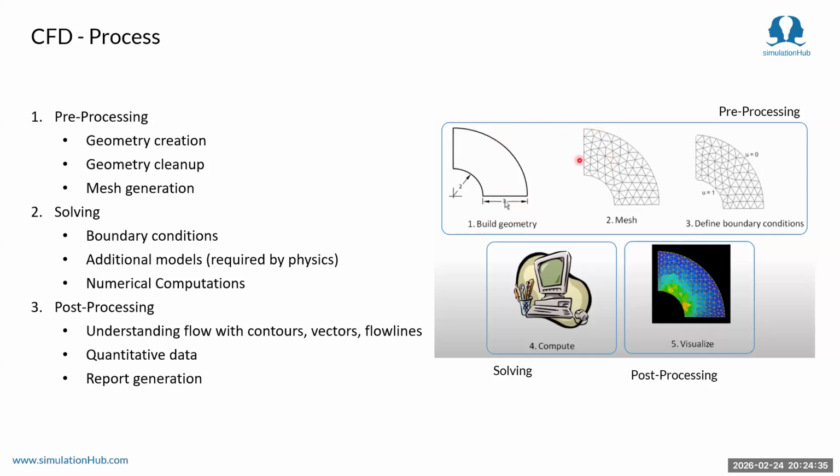Then you convert that into discretized form, which is mesh. And then you define the boundary conditions, and then you give it to the solver. Here, this is the major computationally costly, time-taking part, and then you visualize the results. So this is the very insightful visualization you get in the post-processing part. So you have different tools to understand how your flow behaves inside.